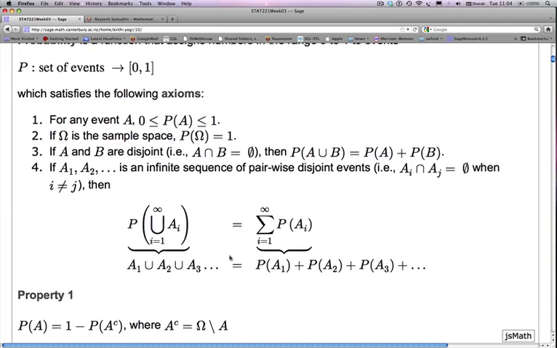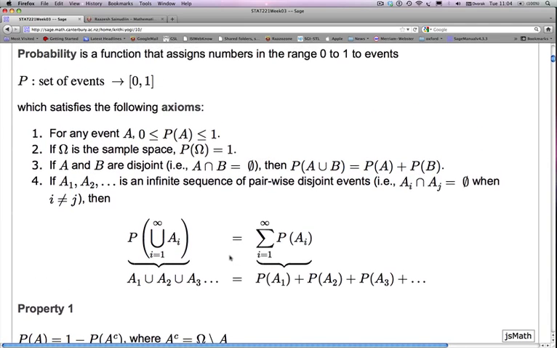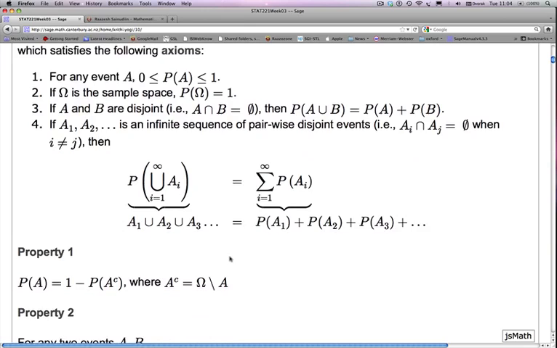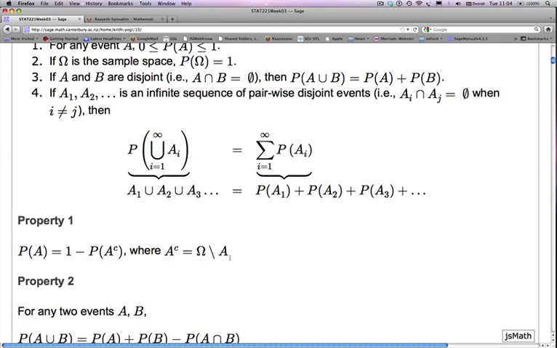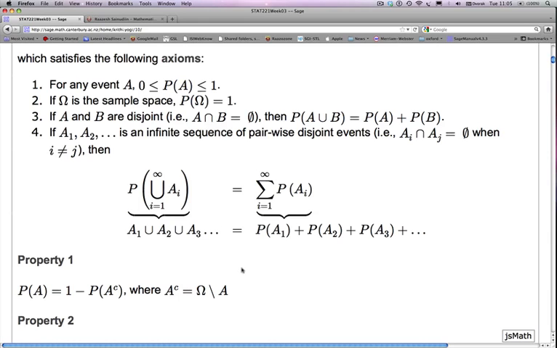Now, when these four axioms are satisfied, we say we have a probability from the set of events to the unit interval 0, 1, and sometimes we refer to this set of events, the domain of the probability, as a sigma field or a sigma algebra. These properties just pop out of this axiomatic definition of probability.